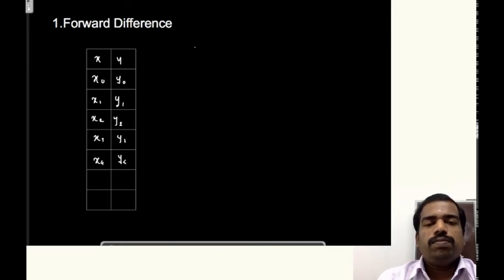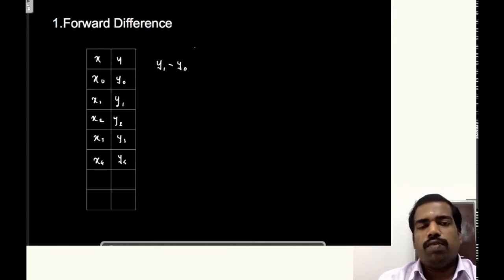So here you can see the first difference of the function is nothing but the difference between y1 and y0. So y1 minus y0 is the first difference of the function: second functional value minus first functional value.